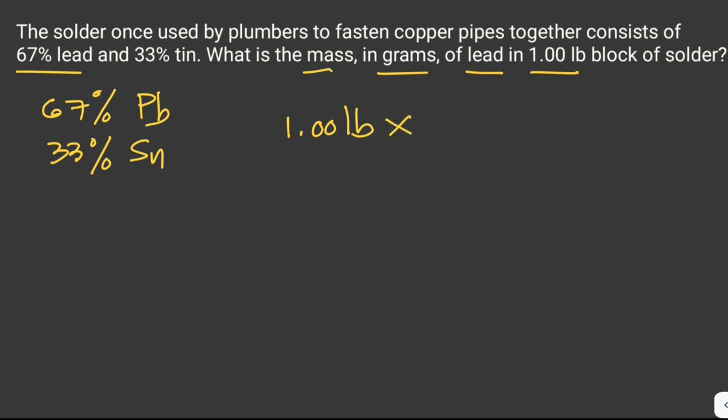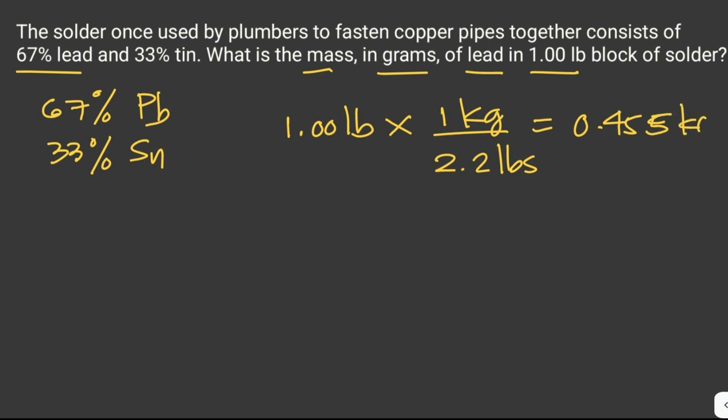And we know that 1 kilogram is equivalent to 2.2 pounds. So we divide this by 2.2. Then this would give us 0.455 kilogram.